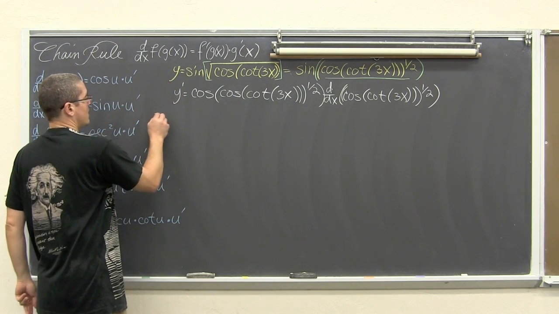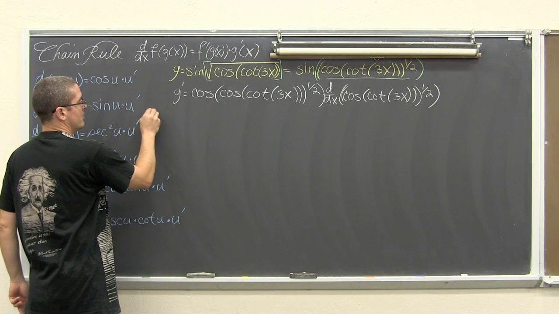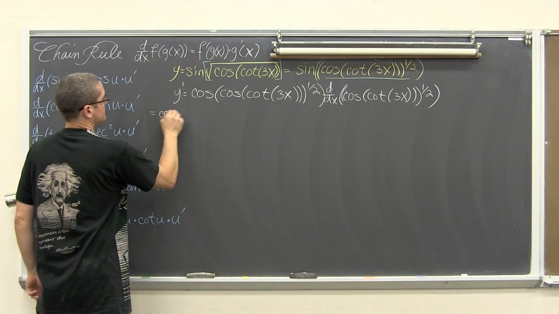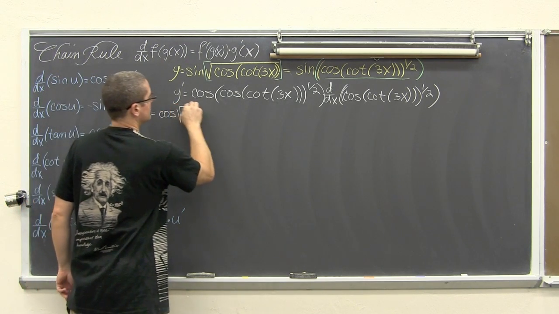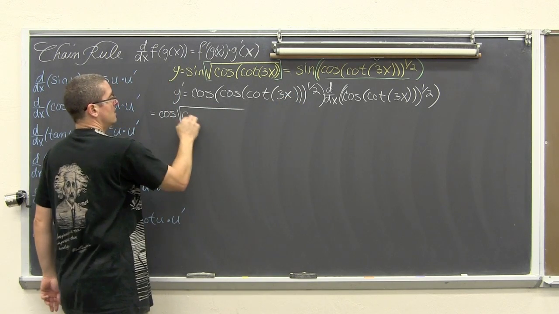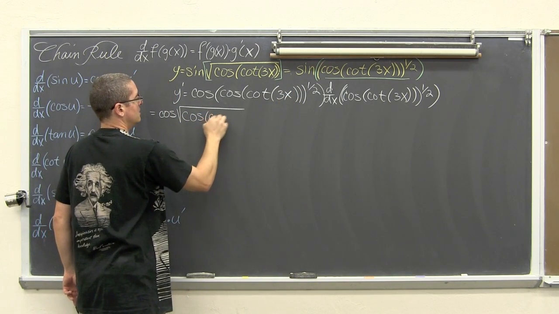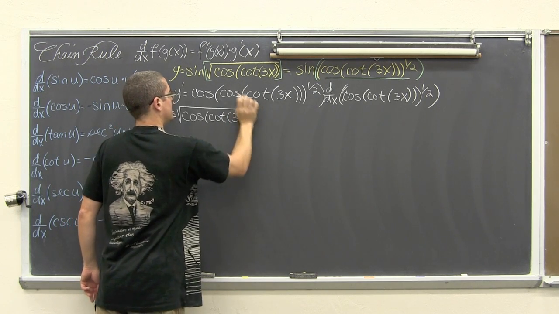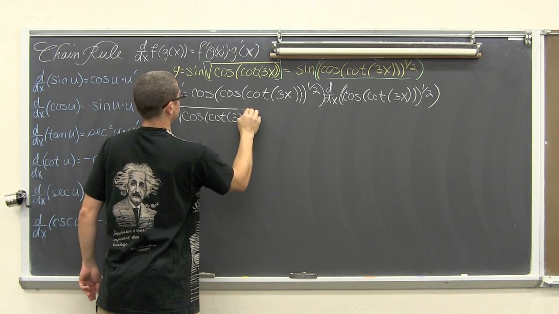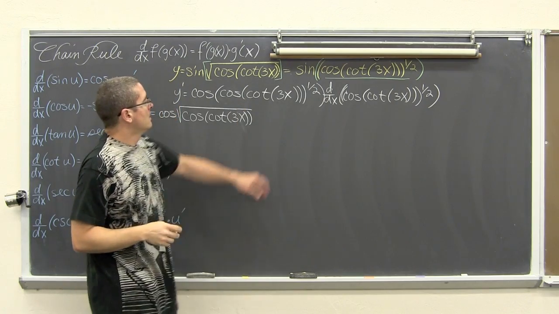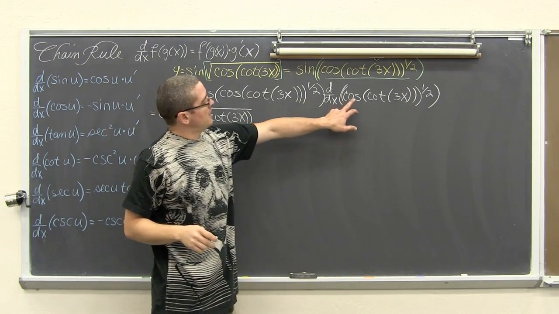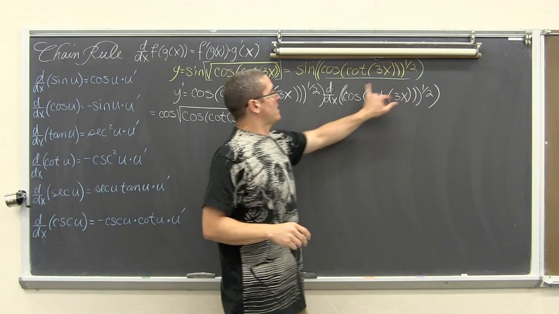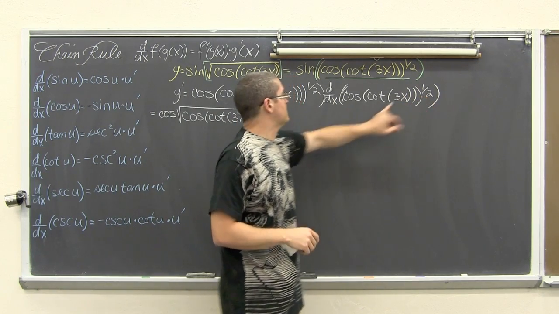So we have y prime, or I'm going to drop the y because I'm going to run out of room. We have cosine times the square root, that's the 1/2 here, of cosine of cotangent of 3x.